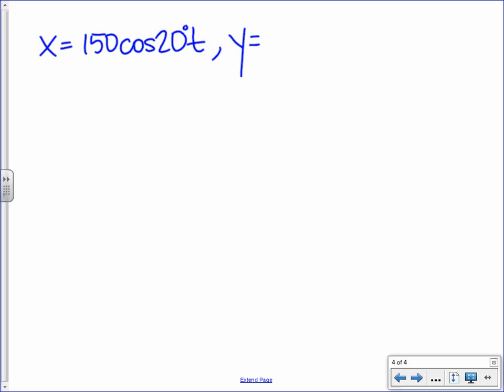Negative 16t squared plus initial velocity times sine of theta times t plus initial height. Okay. What's our initial velocity? 150. 20. And what's our initial height? 30. Okay.